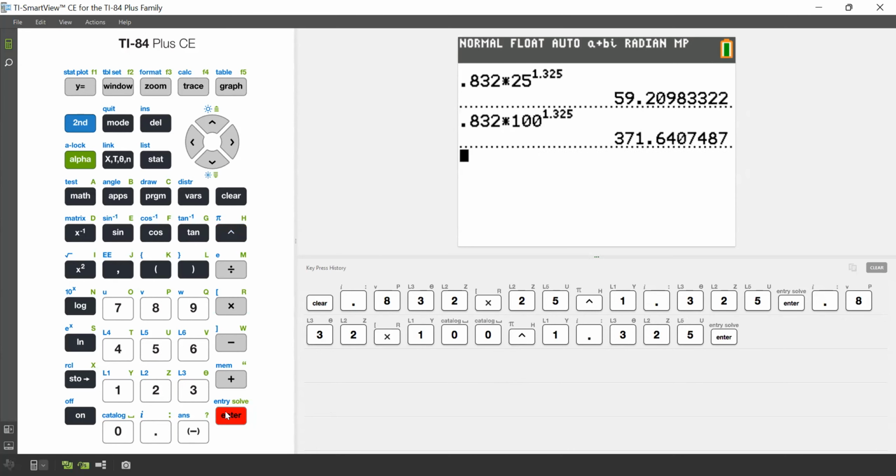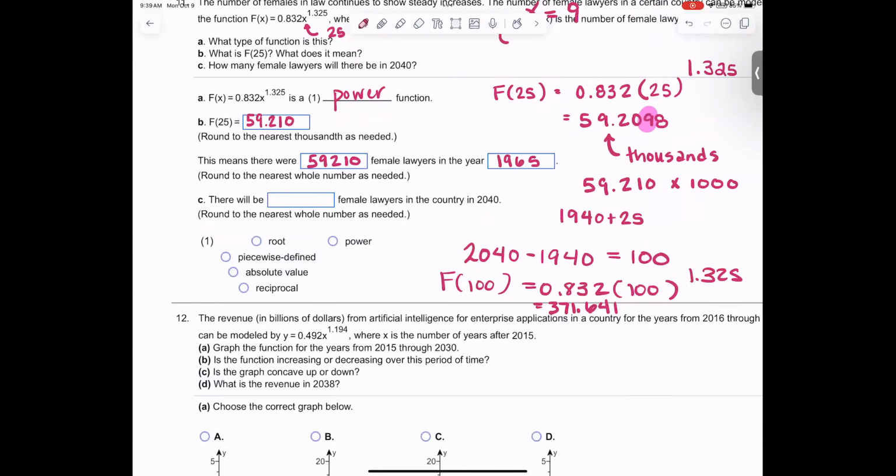And I get 371.641. And they do ask me to round this to the nearest whole number, and I do need to multiply this by 1,000. So I'm going to take that and multiply it by 1,000, and I'm going to get 371,641.